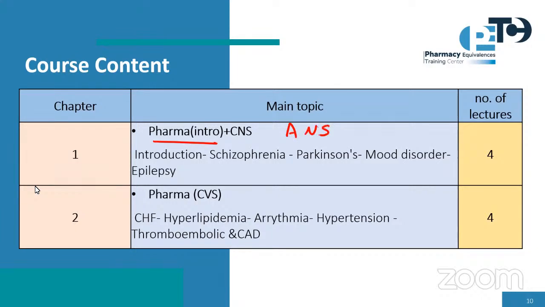It will guide you to understand the autonomic nervous system and to understand many actions, side effects and interactions with many drugs. So this lecture is a very important one, which helps you to know the mechanism of action of many drugs, and the action and side effects of many drugs.